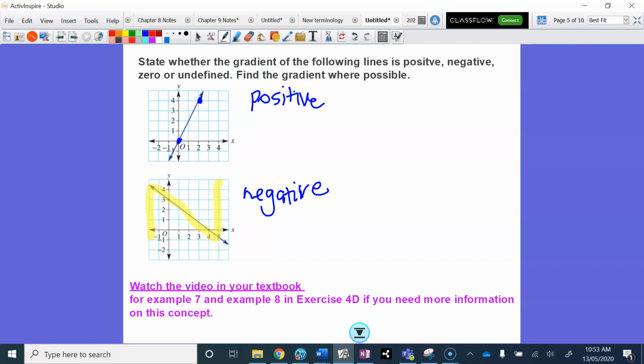So what I've got to work out, if I'm trying to get a gradient and I want rise and run, those two numbers, to get from where I am up to where I want to go, I would need to travel up 4, so rise 4, and then I'd have to travel across 2, run 2. So 4 divided by 2, 2, I know that gradient's positive, so in this first example, gradient is 2.